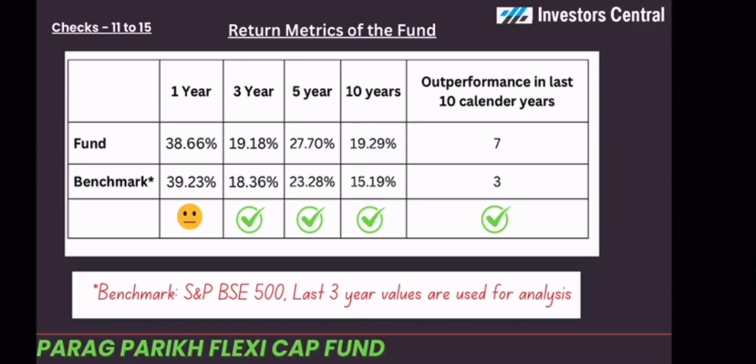The fund has given extreme outperformance. At 10-year CAGR of this fund is at 19.29, and benchmark has given only 15.19. So 4% extra for 10 years compounded value is the extra return we got from this fund.